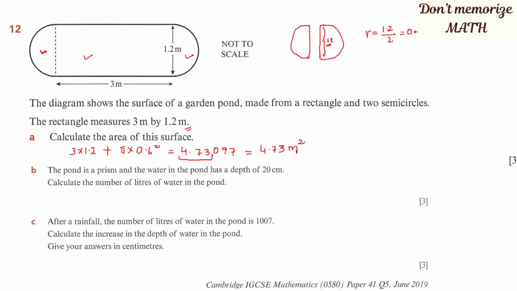So meter square. Okay. Then the pond is a prism. Before starting this question, you should know what you mean by a prism. I will just explain here. So the prism means it is a solid in which the bottom and top portion must be the same. For example, you know the cylinder, right? The proper cylinder means the bottom and top will be the circle. So these are the examples of prism. It is connected by some other shape.